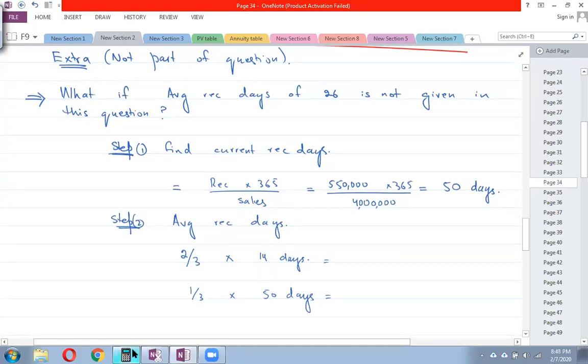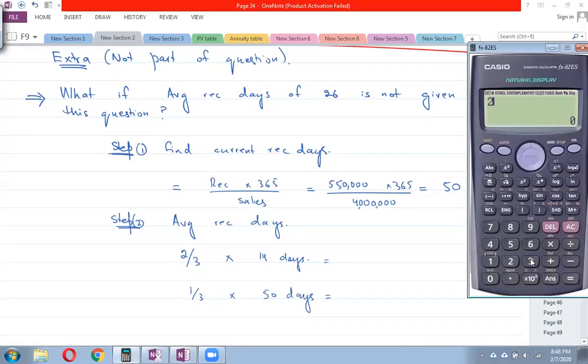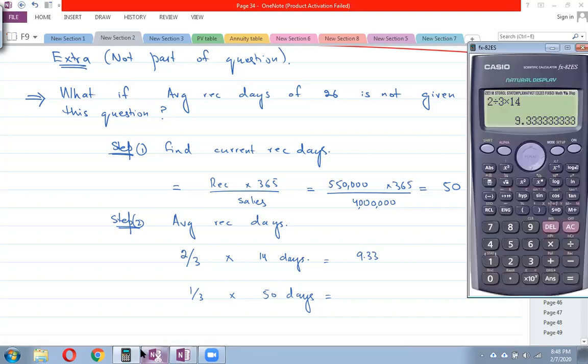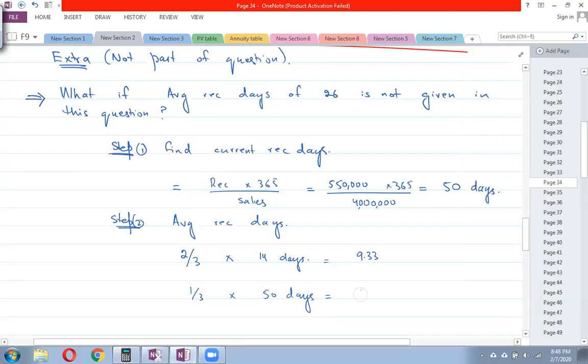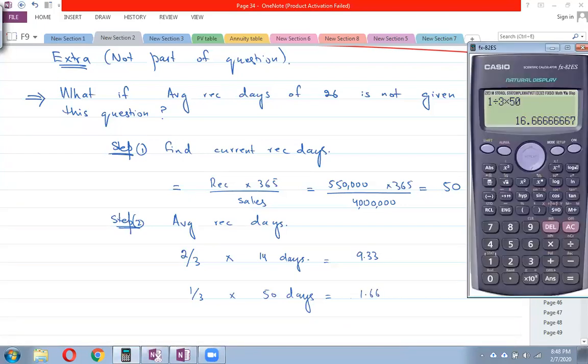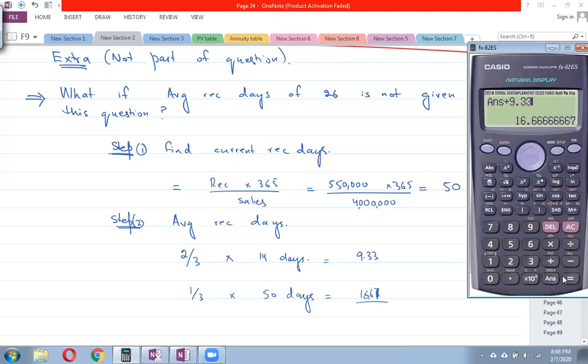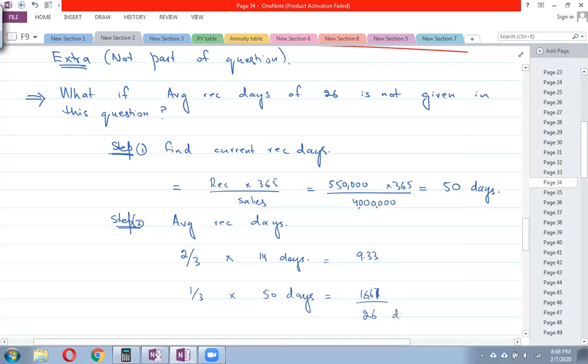So how much is the average receivable days? It will be 2 by 3 into 14, which is 9.33, and 1 by 3 into 50, which is 16.66 or 16.67. If you add them together, you should get 25.99, or you can say 26 days.